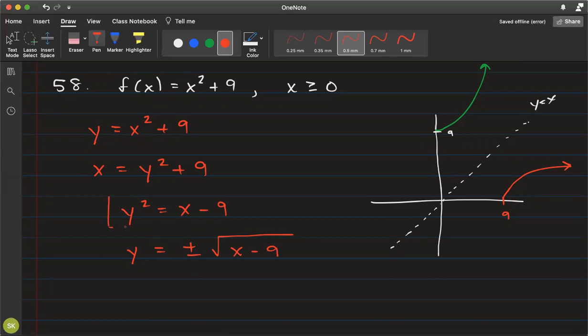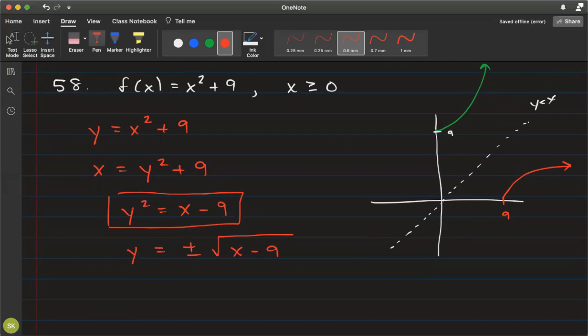Notice that when I subtracted 9 from both sides, I got y squared. And y squared is not a function. Remember, when we want a function, we're not going to have squares with the y here. And that's because this originally was not a function.